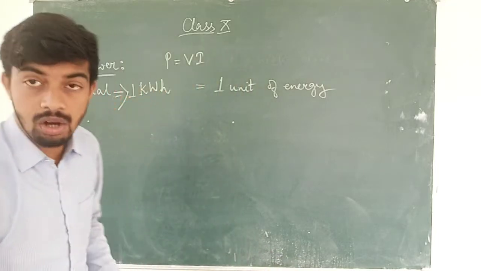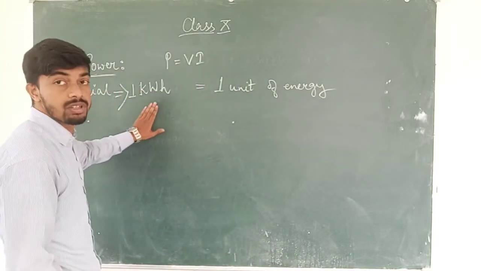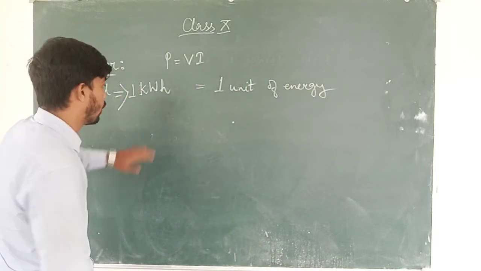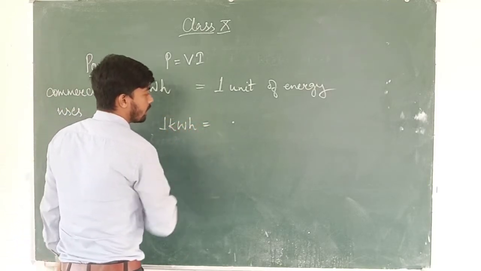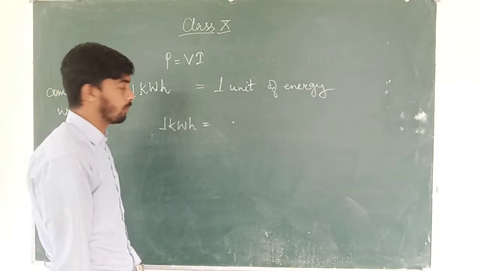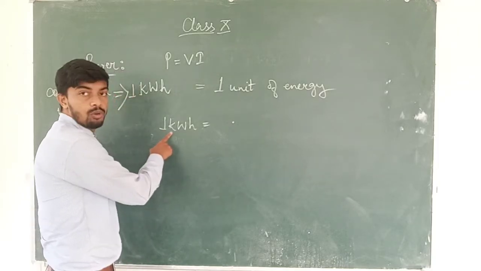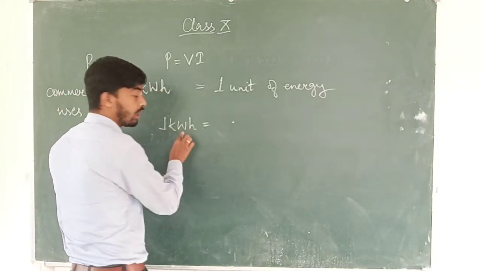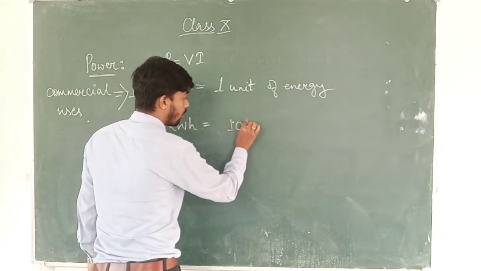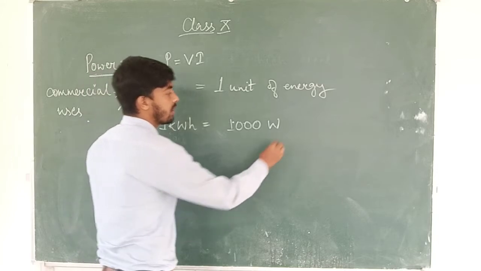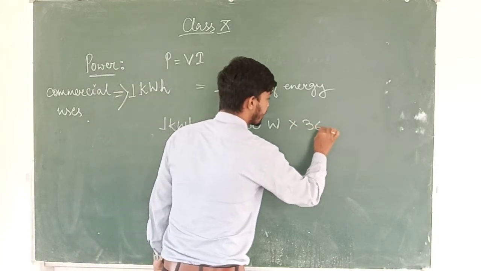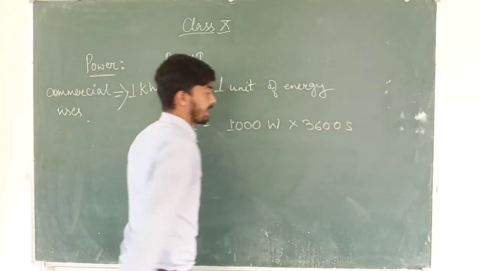Now let us see what the energy of 1 kilowatt hour is. We'll convert 1 kilowatt hour into joules. 1 kilo means 1000, so 1 kilowatt means 1000 watt, and 1 hour is equal to 3600 seconds.